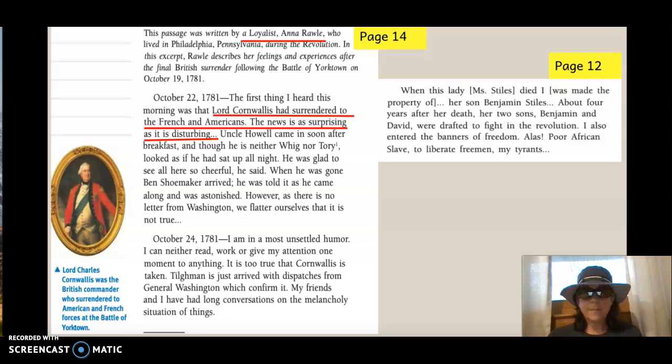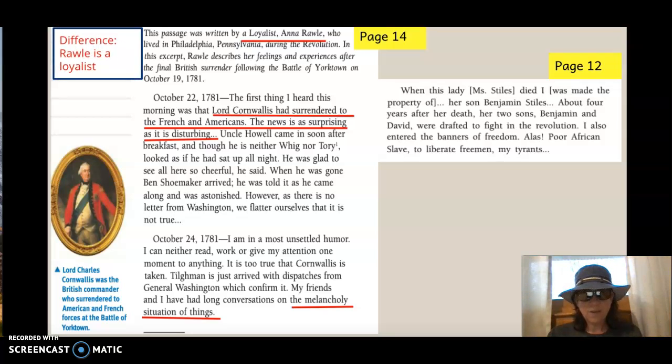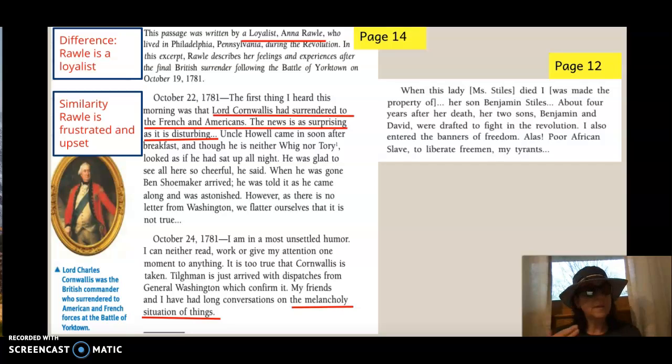The news is as surprising as it is disturbing. And down at the bottom, it says the melancholy situation of things. Remember, melancholy means the sad situation of things. So, the difference: Rowell is a loyalist. The similarity is that Rowell is frustrated and upset.